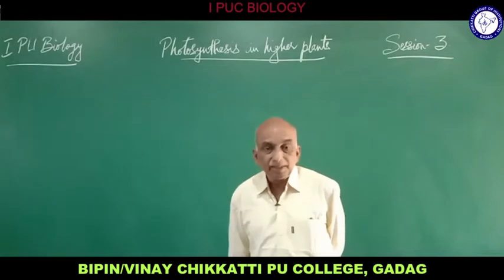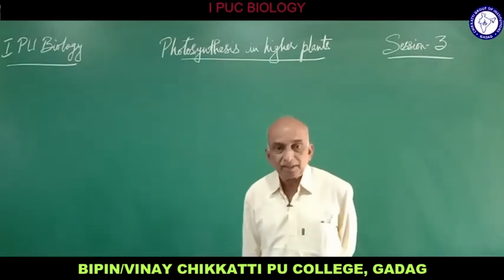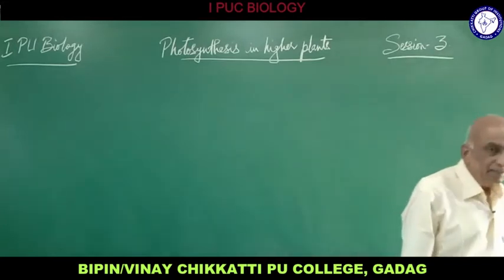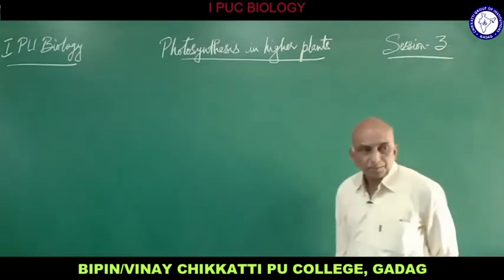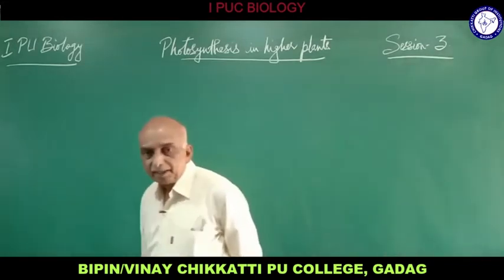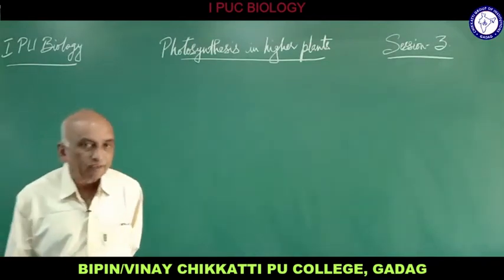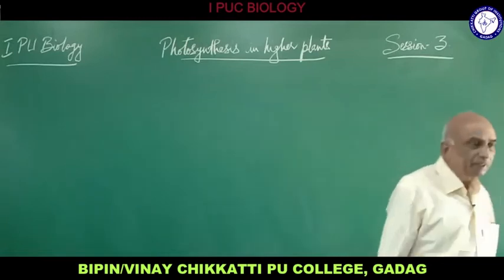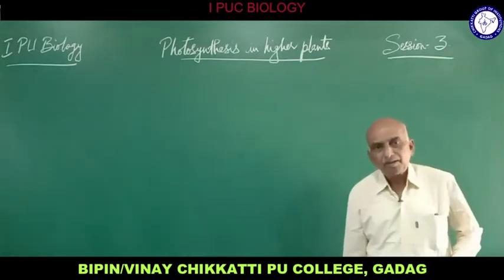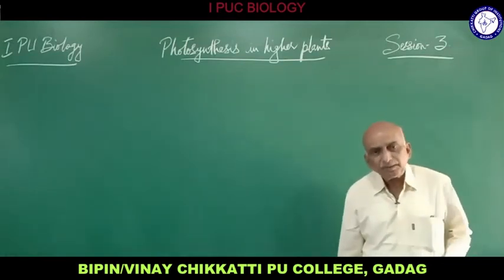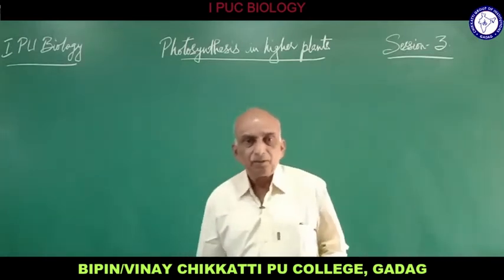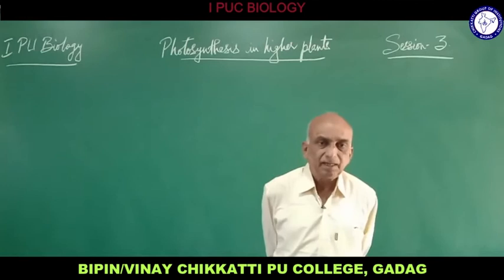Now the OH minus ions, the hydroxyl ions, combine with a compound called the ZMN complex. This ZMN complex is a protein complex where the OH ions are accepted to produce oxygen and electrons.